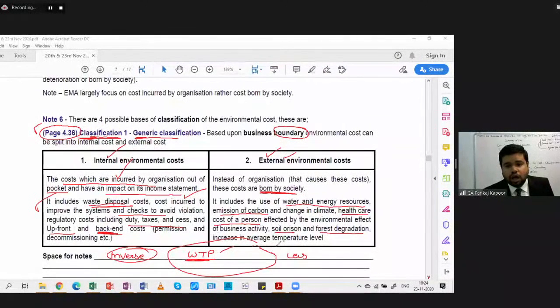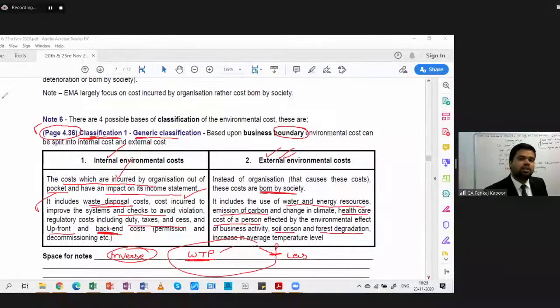If the pollution outside the factory is less, then the government needs to incur less external environment cost. Agreed or not? Hence, there is an inverse or indirect relation between the internal and external environment cost. If companies start incurring internal environment cost, then the government and the people need to incur less external cost. Agreed? Okay, friends. Now move further.